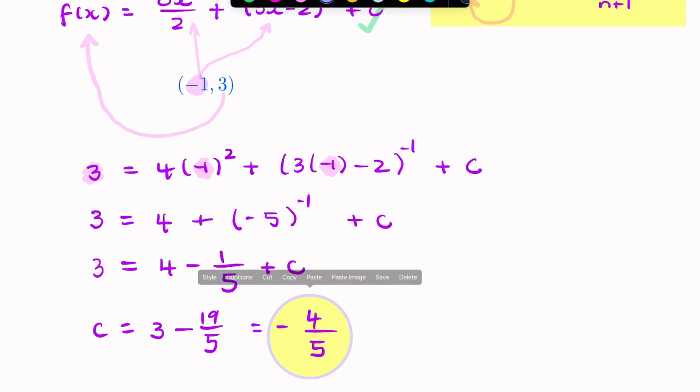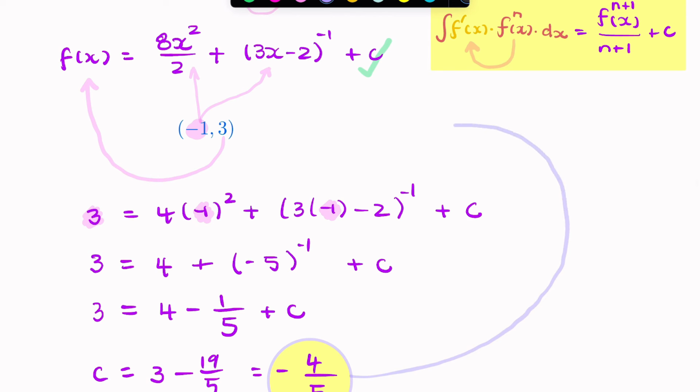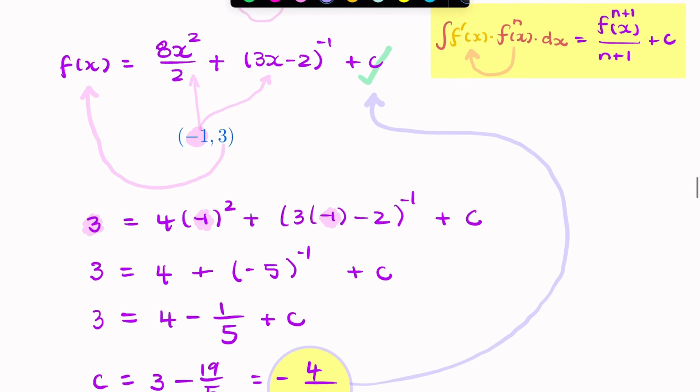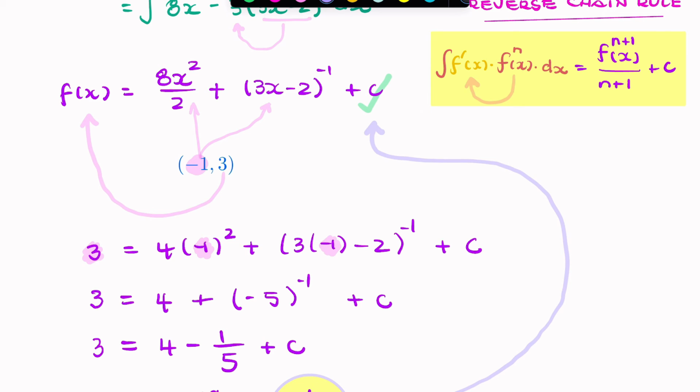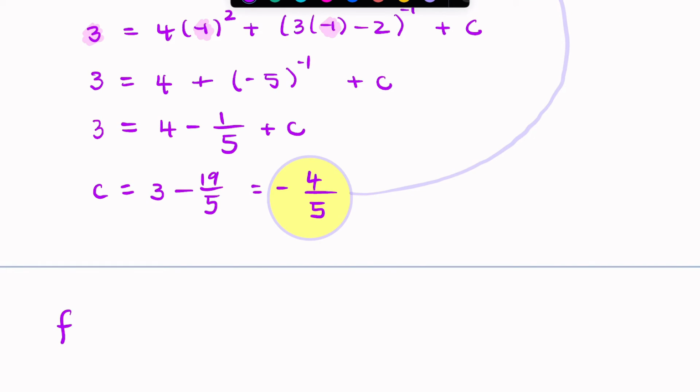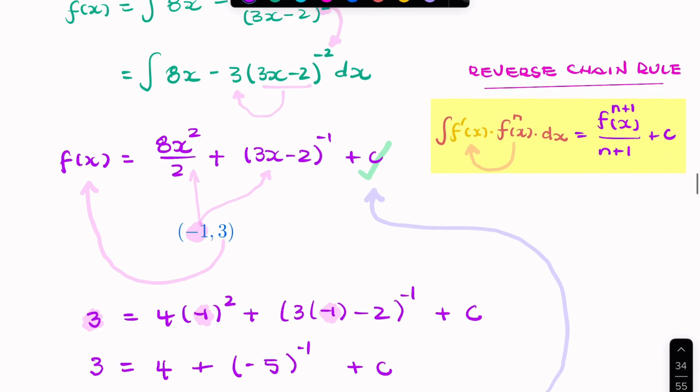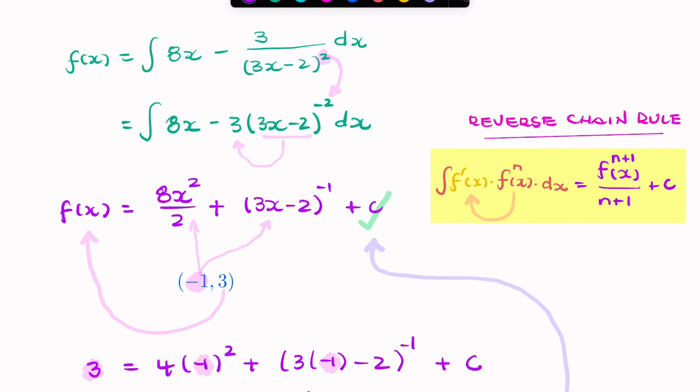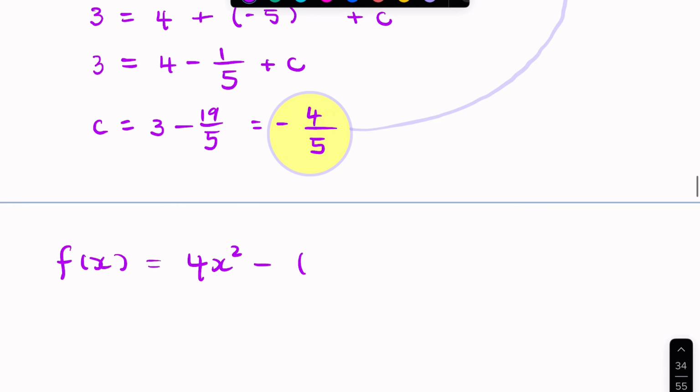That's really helpful because that's what we can put in there with our new expression for f of x. So I can rewrite f of x equals 4x squared minus 3x minus 2 plus c, and instead of c, I'm going to put negative 4 over 5.